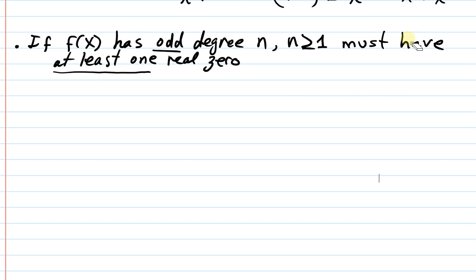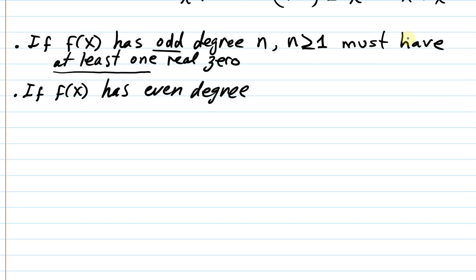And what about if it has even degree? So if f of x has even degree n, and this time, again, n must be at least 2, right? Because it's even degree.